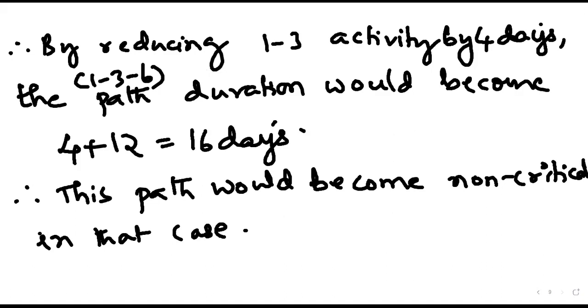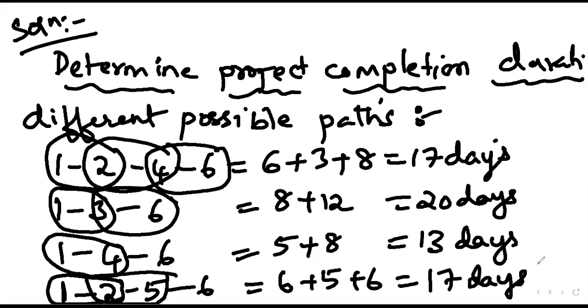If you look at the other path, yes, the other path has 17 days as the path duration. These two paths have 17 days as the path duration. So what will happen is, if you reduce 1-3 by 4 days, where 1-3-6 is the path, this will become 16 days.